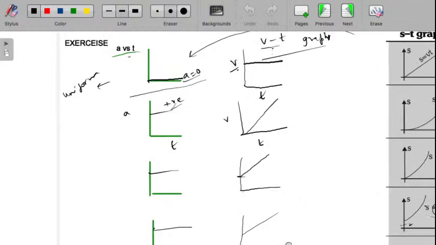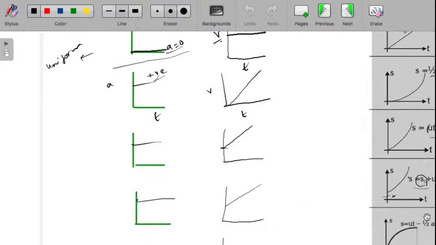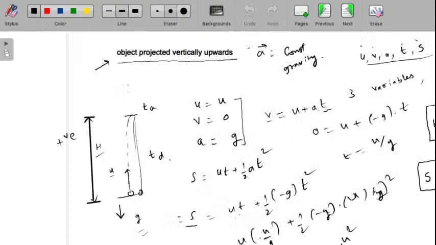Out of the various graphs that we have dealt with, the s versus t would definitely correspond to such a graph. Therefore, we could say the a versus t, first of all, is a negative value downwards.